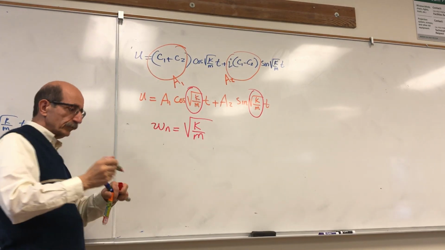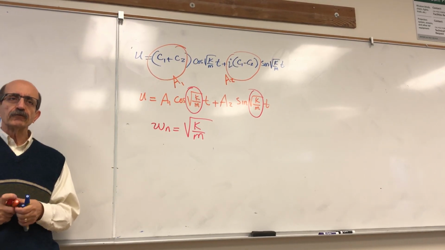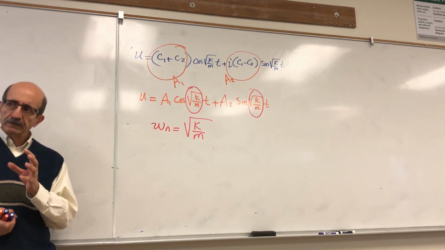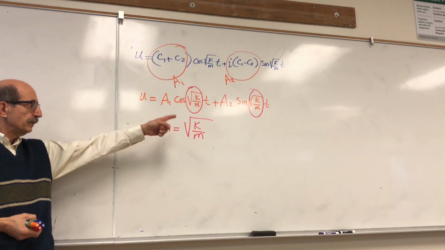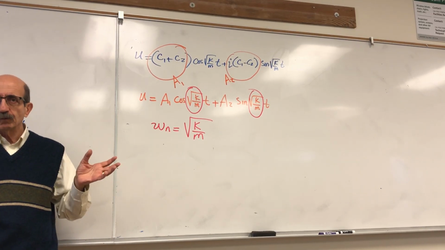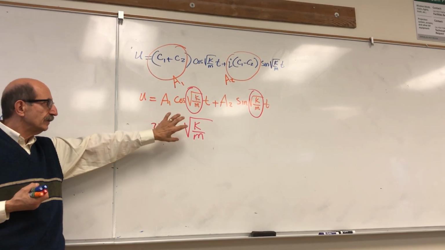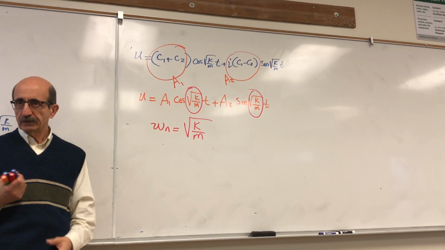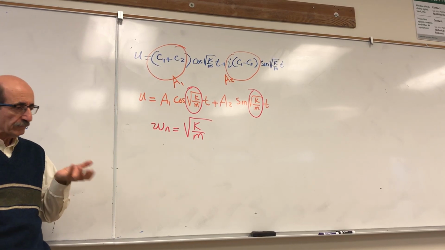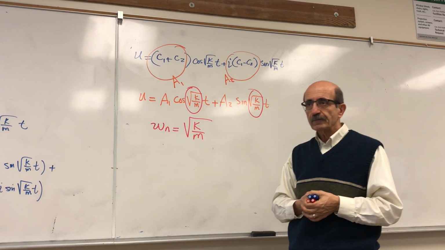But what is this frequency? This frequency is so unique, meaning that it is a function of two inherent characteristics of the system, being the stiffness and the mass. Every system in the world, any physical structure or mechanical system, has its own unique stiffness and unique mass.